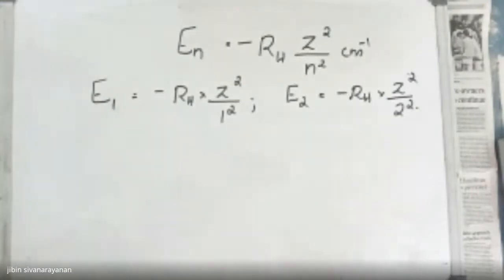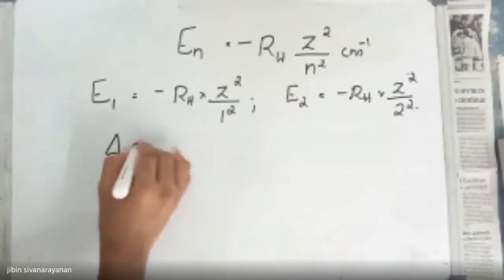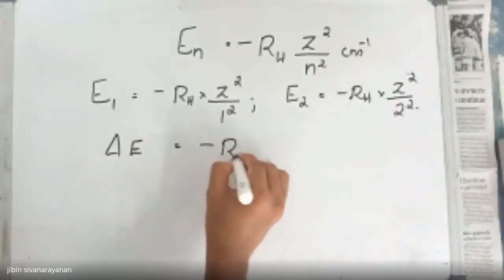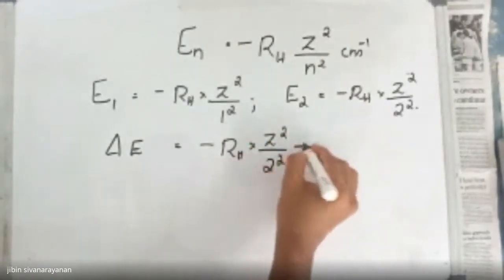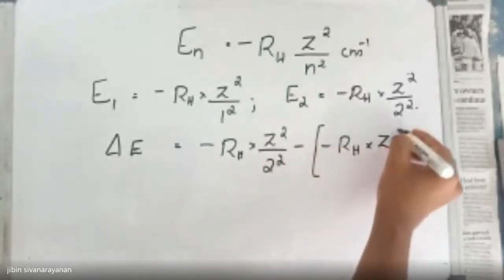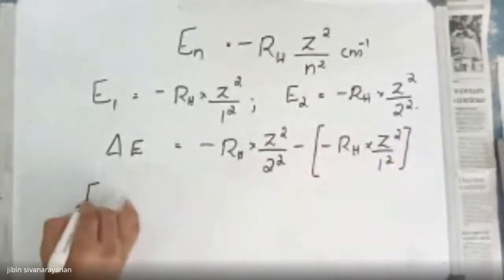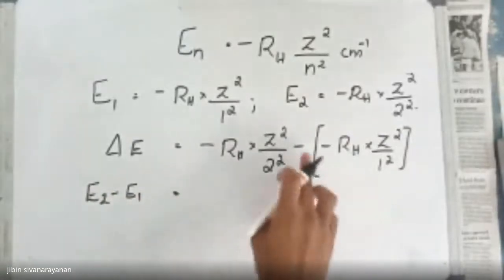Okay, so I'm just taking the difference, that is delta E, final minus initial, isn't it? So minus RH into Z square by 2 square minus of RH into Z square by 1 square. So this delta is nothing but E2 minus E1, so it will become plus.